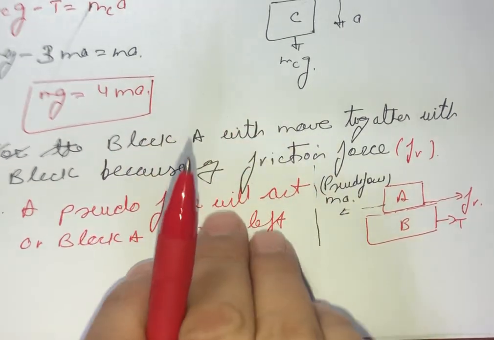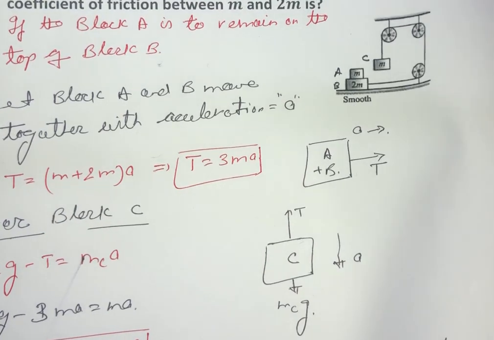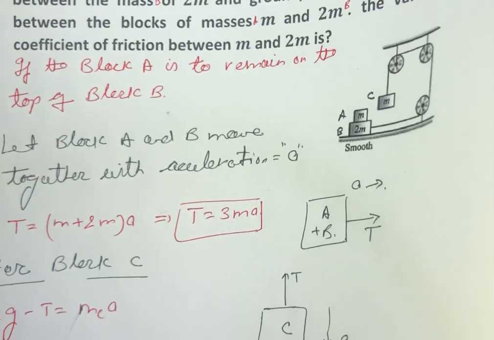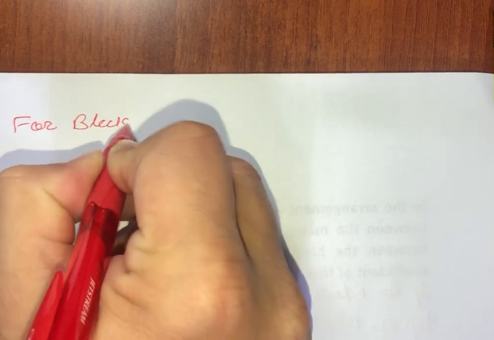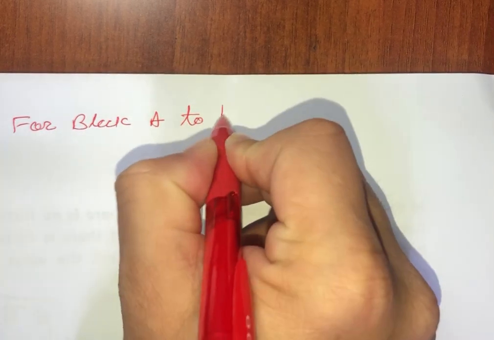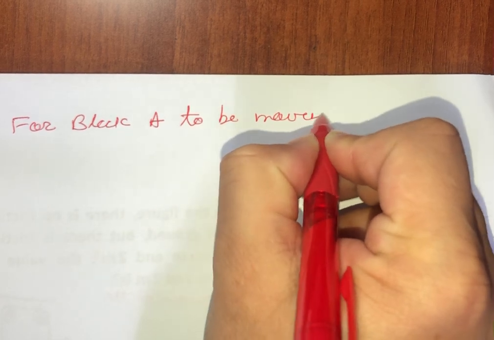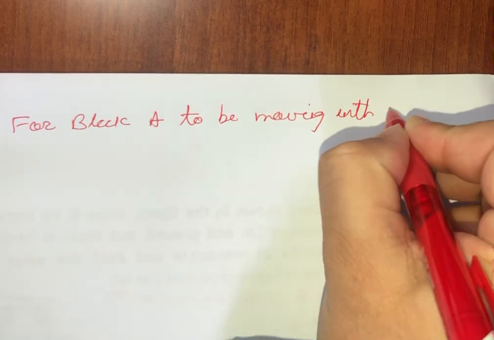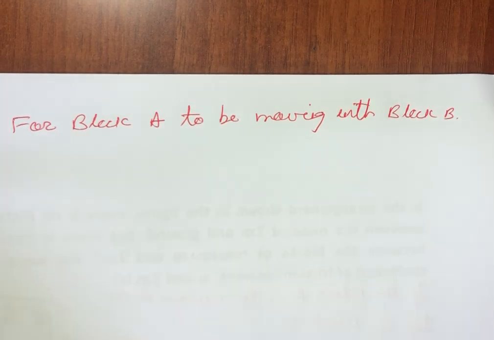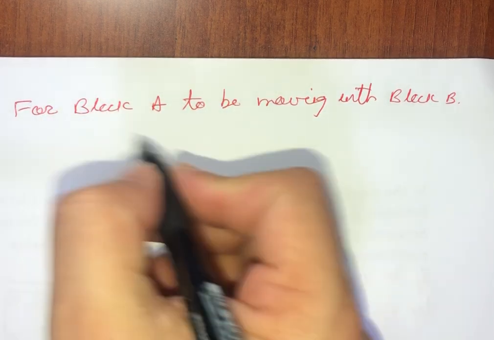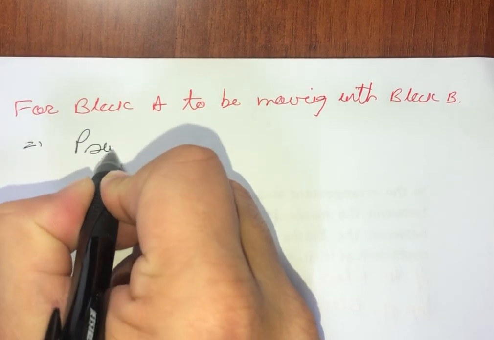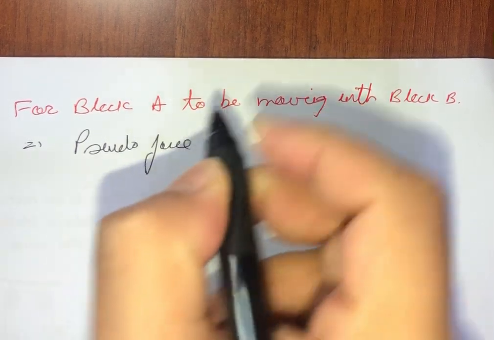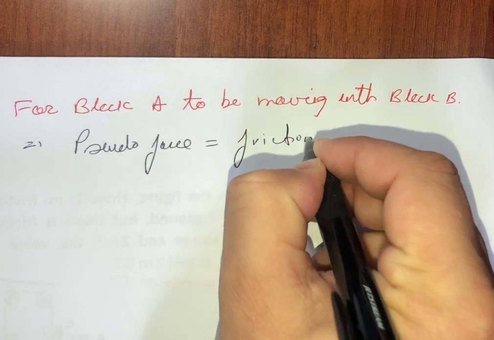Now we want that block A should be moving along with block B, which means it should always be on top of block B. So for block A to be moving with block B, the pseudo force should be equal to the frictional force.